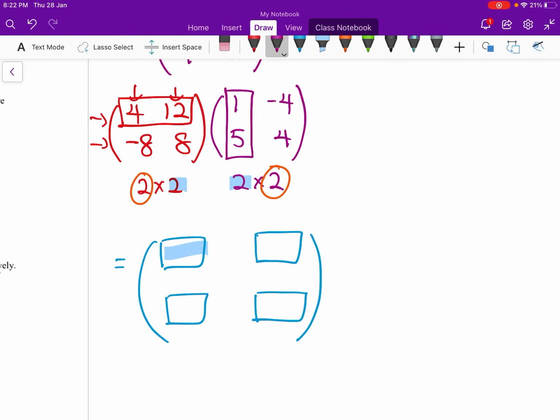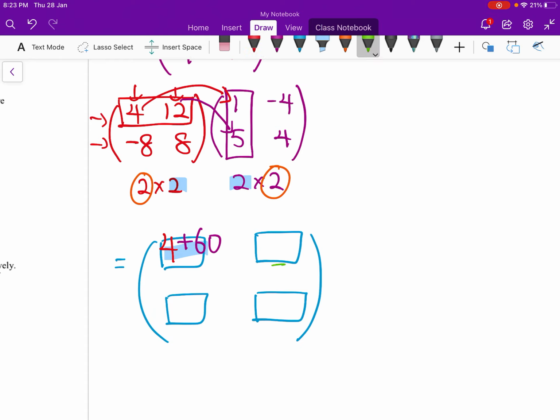The red color is the first row, the purple color is the first column. This 4 is the first number, so the first number must multiply with the first number. 4 times 1 is 4. 12 is the second number, so the second number multiplies with the second number of your purple column, which is 5, so 60. You get 64.